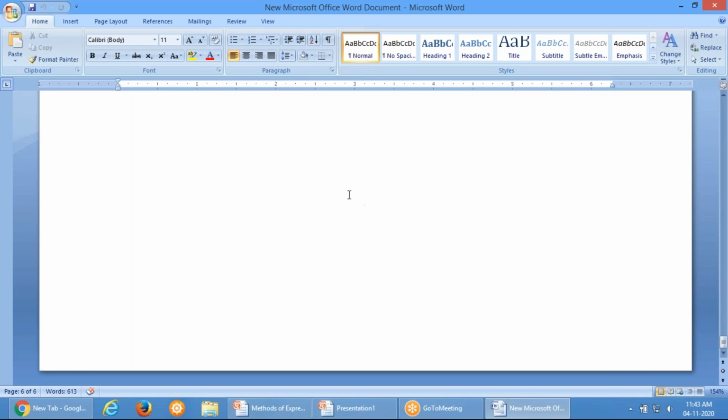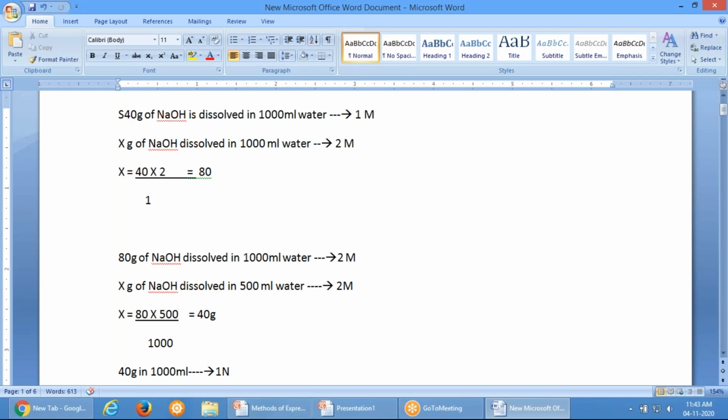Examples for any primary standard. Have you done standardization in your 12th standard? Yes, ma'am. Which standardization have you done? Titrimetric.